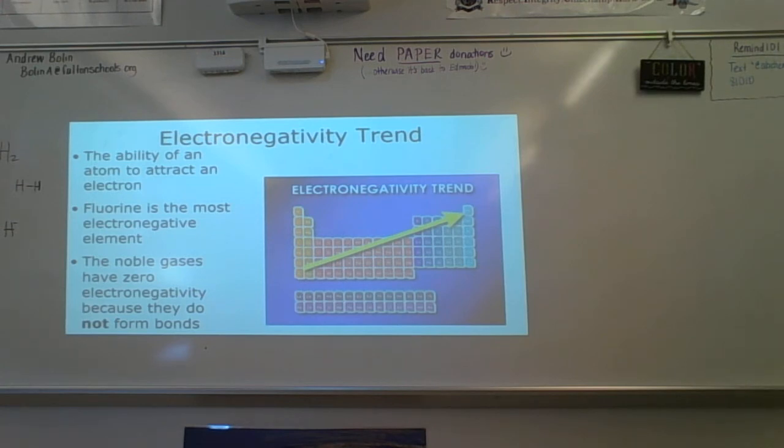They're content with where they're at. So they're going to say, we have no electronegativity, meaning we don't need any more electrons, so we don't really have a desire to attract any. And those trends are right there. So as you go up and over.